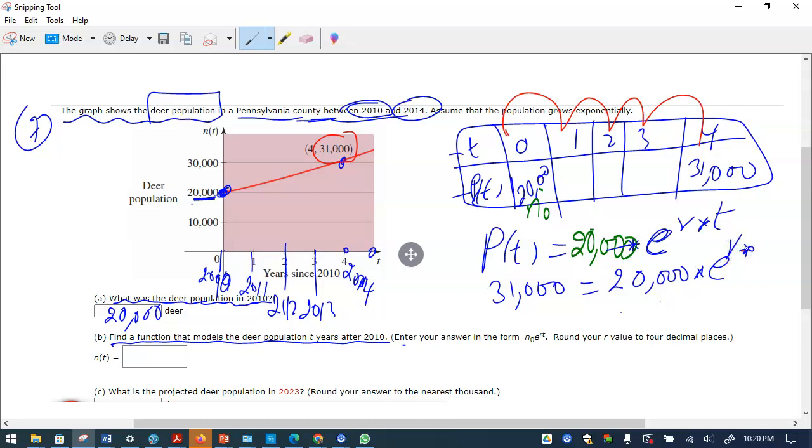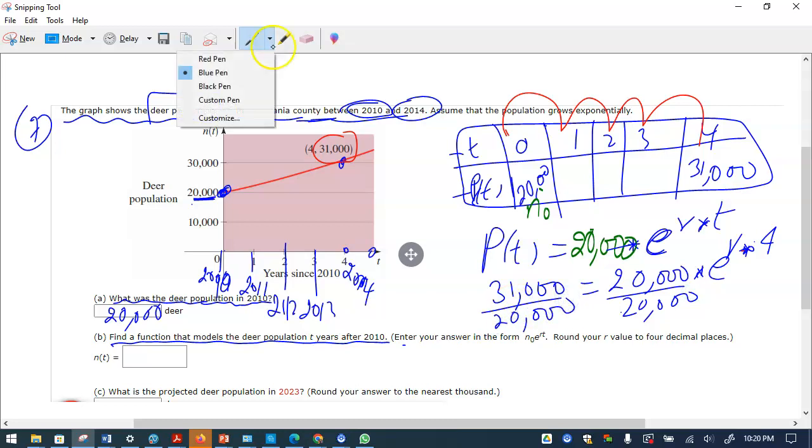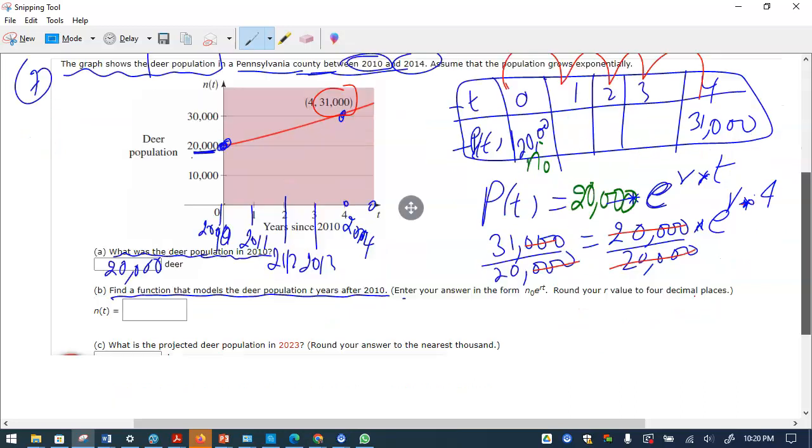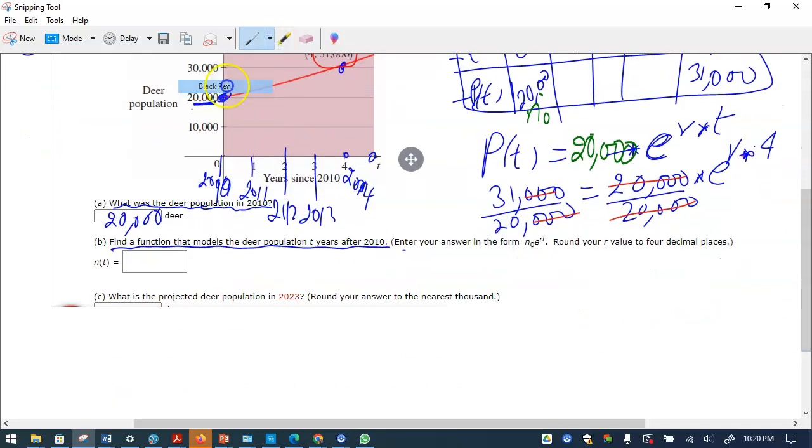Now divide by 20,000. We can simplify by dividing by 1,000 on the left side, and the 20,000 crosses out. What you are left with is 31 divided by 20 equals e raised to r times 4.